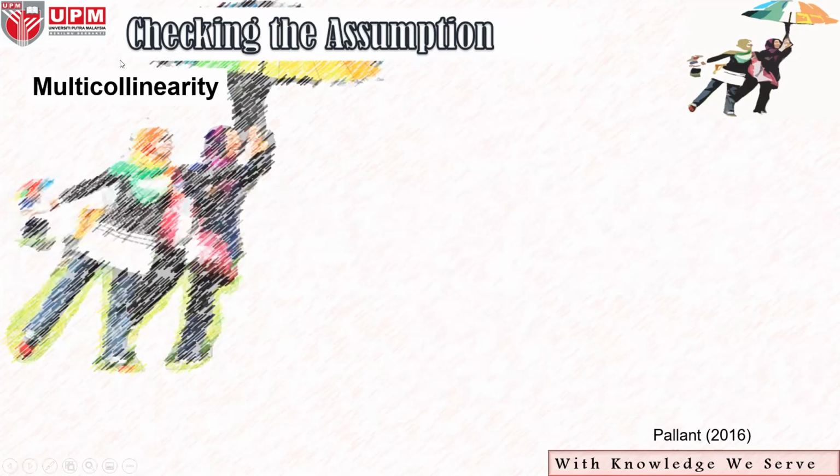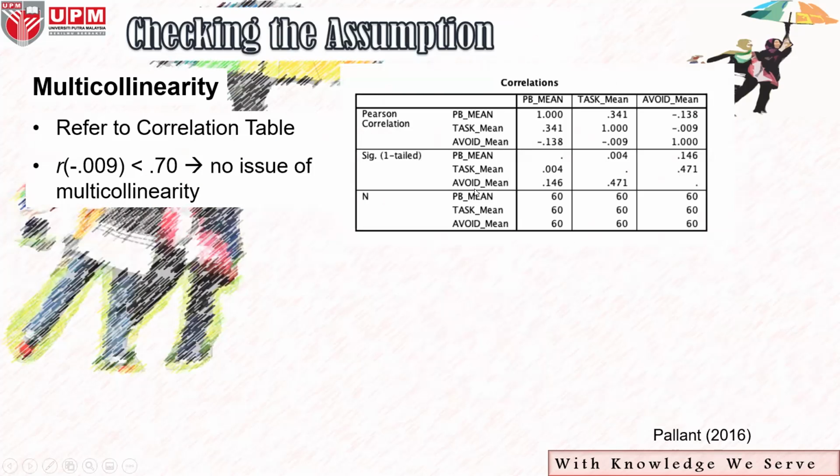Checking the assumptions of multi-collinearity. To check the assumption of multi-collinearity, we refer to the correlation table that we have just now.